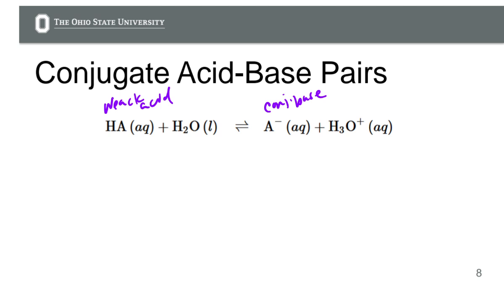Okay, so HA and A- are the conjugate acid-base pairs for that weak acid. And again, in this reaction, water is going to be acting as a base because it accepts a proton. So we're going to call it a weak base.